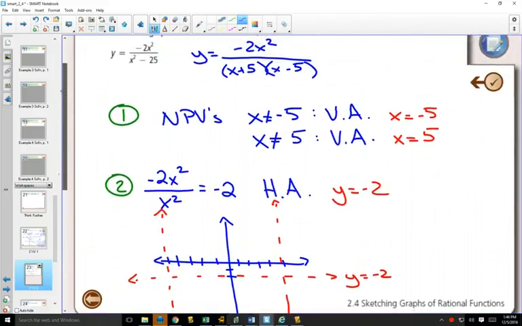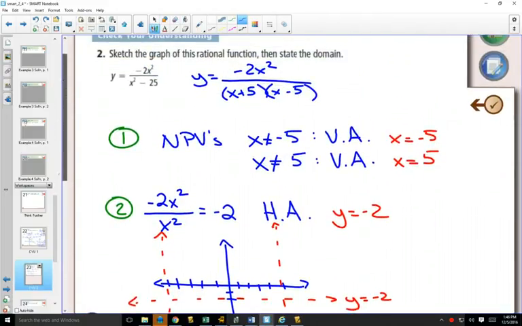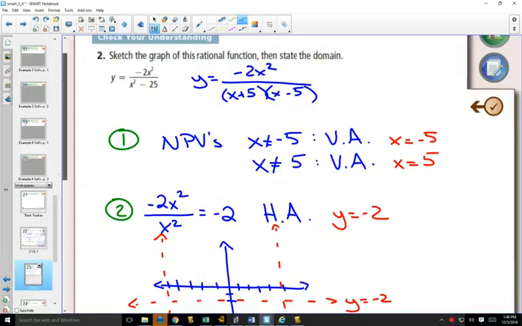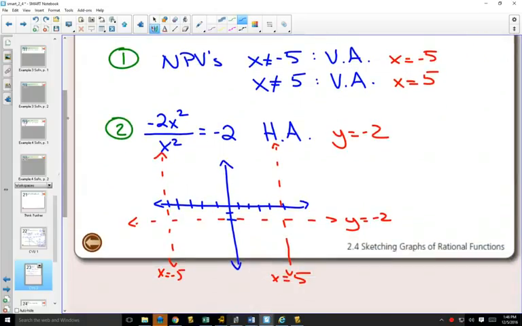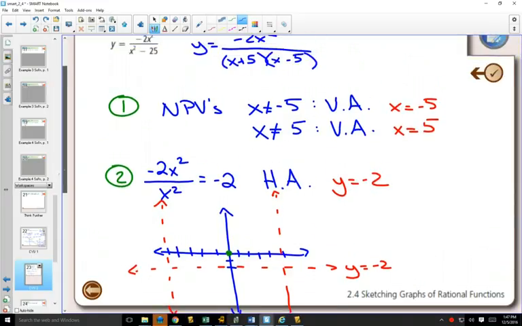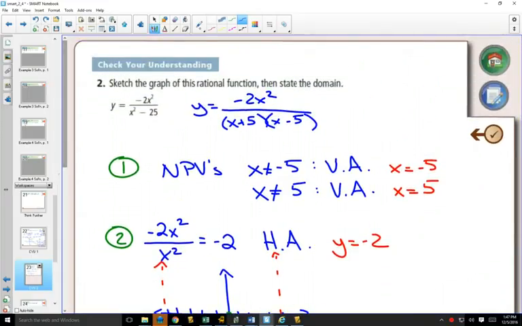X-intercepts and y-intercepts. Well, if you plug in 0 for x, can you see that you will get 0? If we plug in 0 for y, the only time that you will get an intercept is when the numerator is equal to 0.